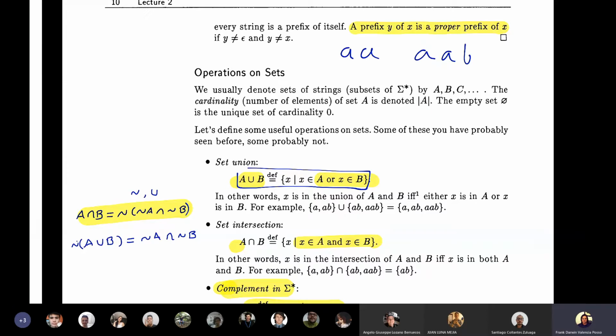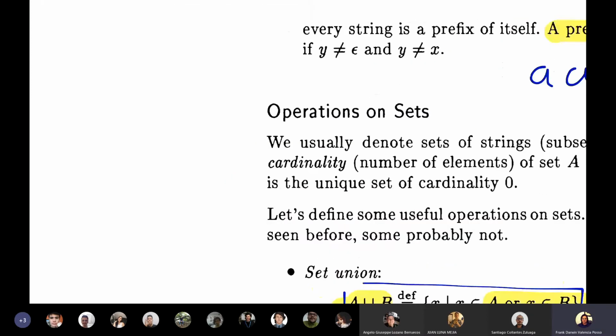By the way, do you know about the cardinality of infinite sets? Have you seen anything about that in your discrete mathematics course or something? So what's the cardinality of the natural numbers?